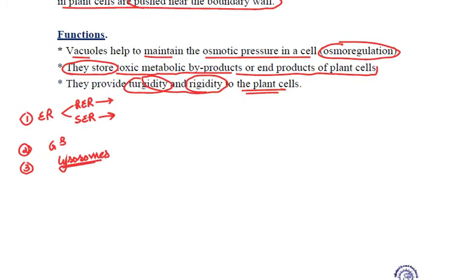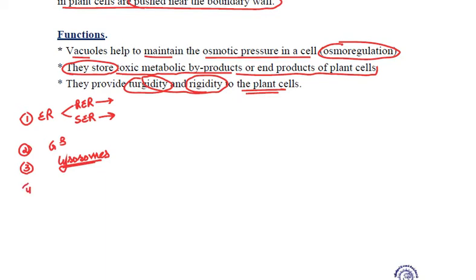These lysosomes are the membrane-bound cell organelles which contain strong digestive enzymes capable of digesting anything, breaking anything. These lysosomes are called the suicidal bags. They are called the digestive bags. They are called the scavengers. They are called the housekeepers of the cell. Demolition squad is also used for these lysosomes, right?